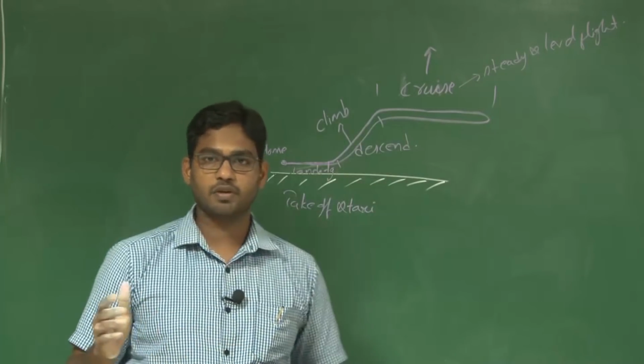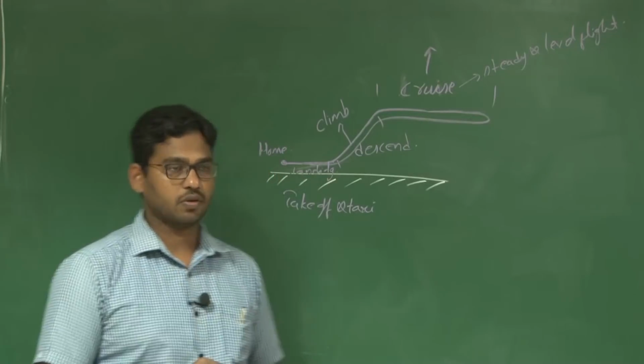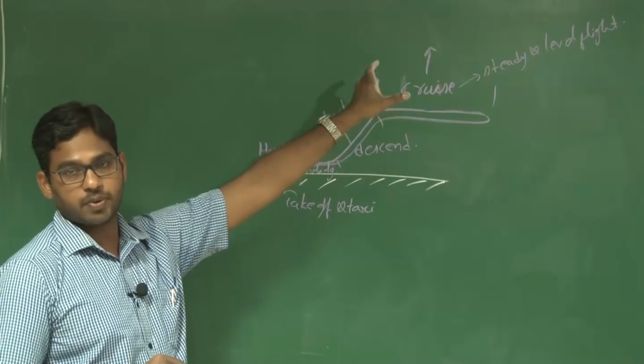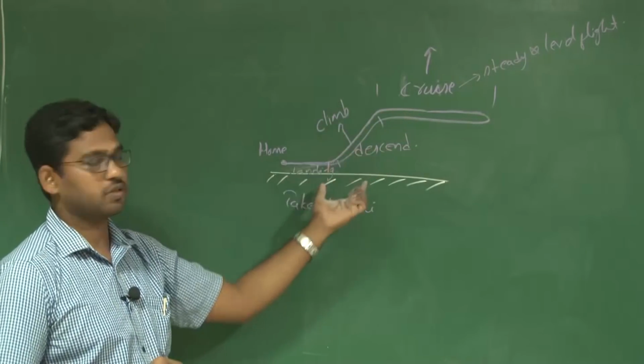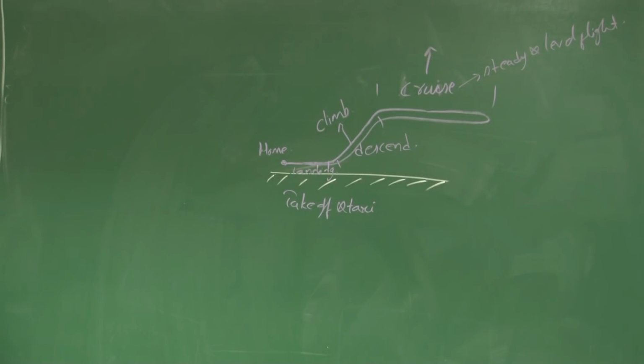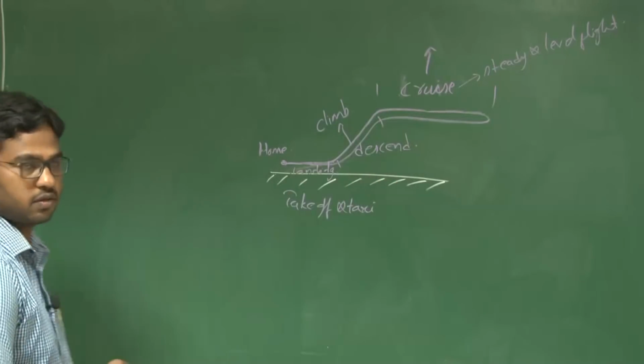Where it involves maybe 2 hours of flight, 3 hours of flight, or 40 minutes of flight. So the ratio of the time that it spends for cruise to the other phases of flight is very high. Or in other words, the ratio of the other phases of flight to the cruise time is very, very less, right?